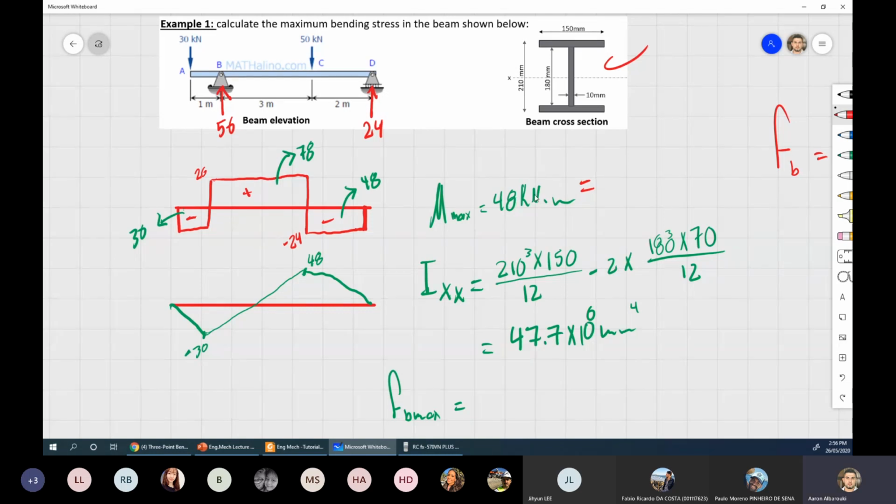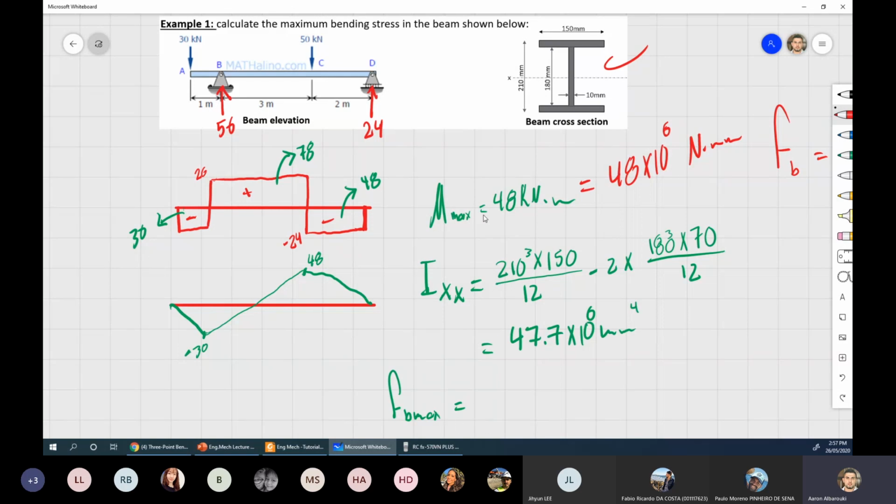To change to Newton millimeter, I multiply by 10 to the power of 3 to be newtons, and by 1000 again to be millimeters. So it'll be 48 times 10 to the power of 6 Newton millimeter, okay?